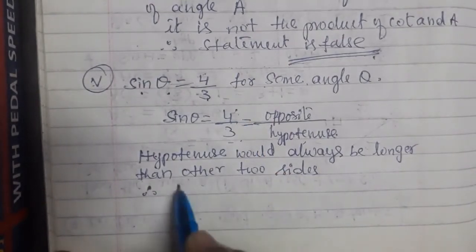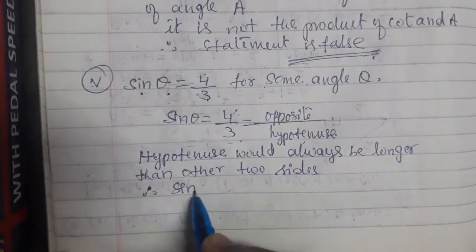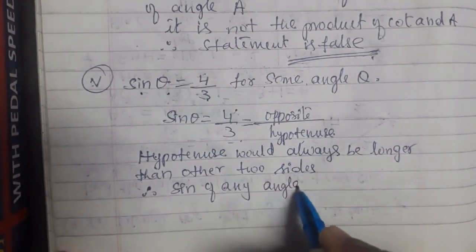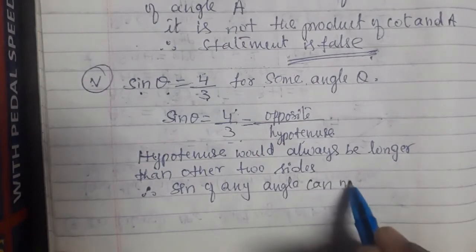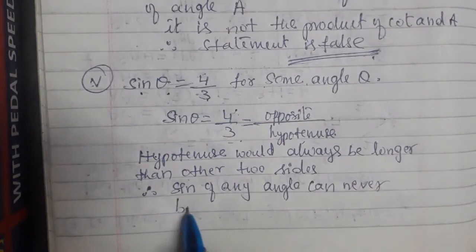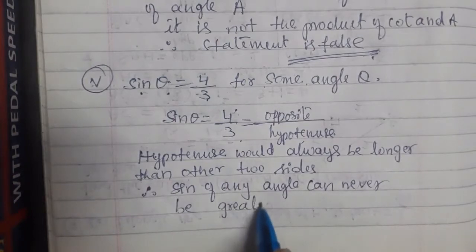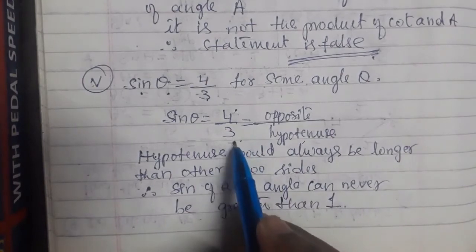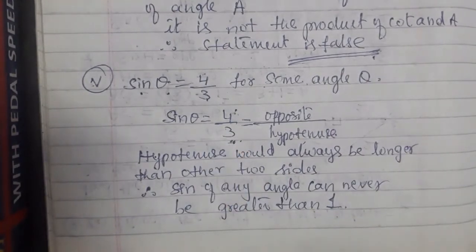So therefore we can say sine of any angle can never be greater than 1, because hypotenuse is always greater than the opposite side. Hypotenuse is always greater than the adjacent side.